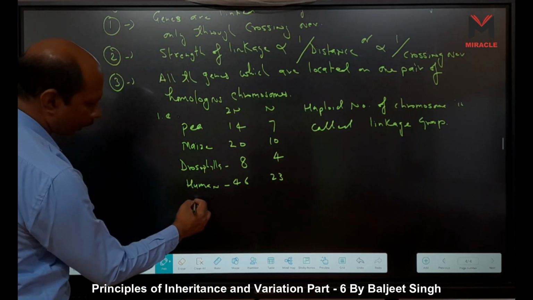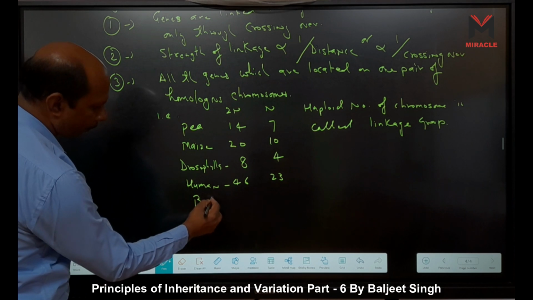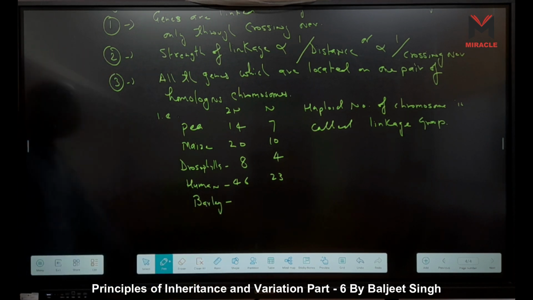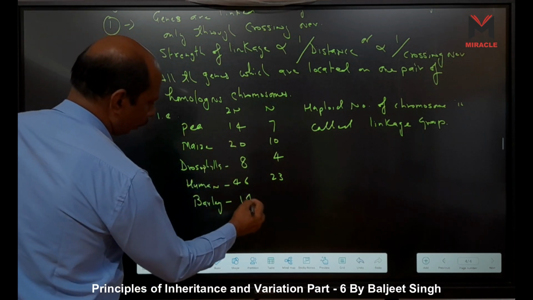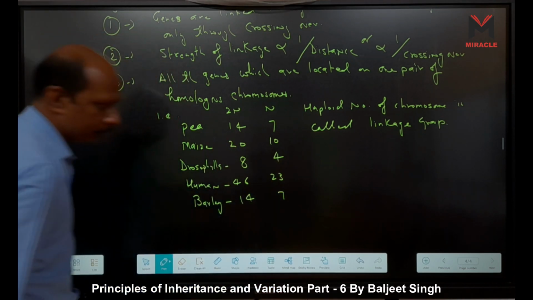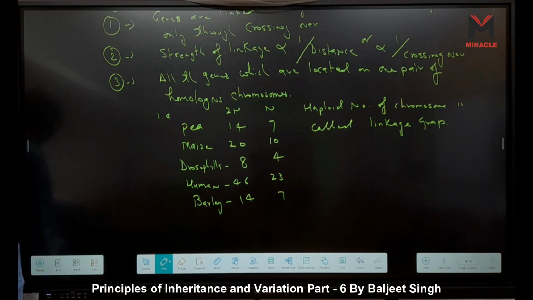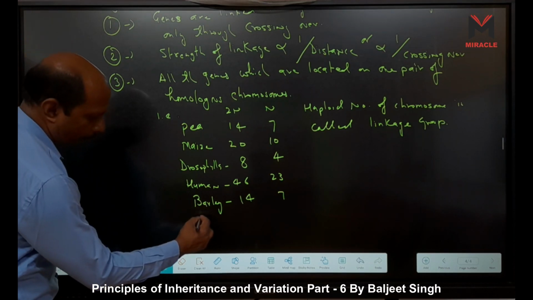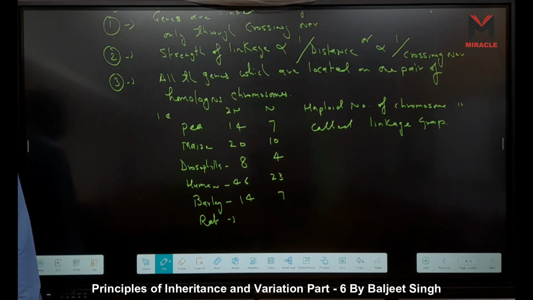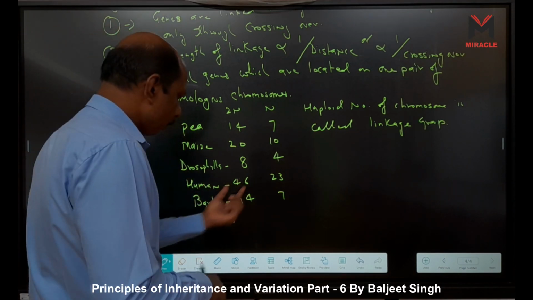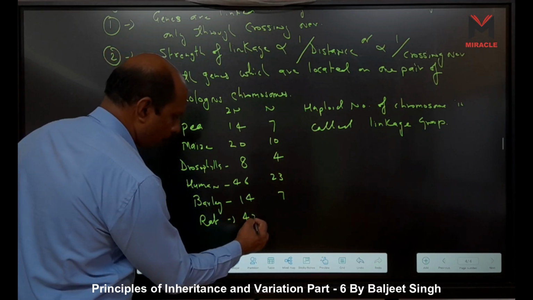Another example is barley. Barley has 14 chromosomes, same as pea, so the linkage group is 7. Rat or mouse is also there. How many chromosomes does a rat have? Humans have 46, but a rat has 42 chromosomes.